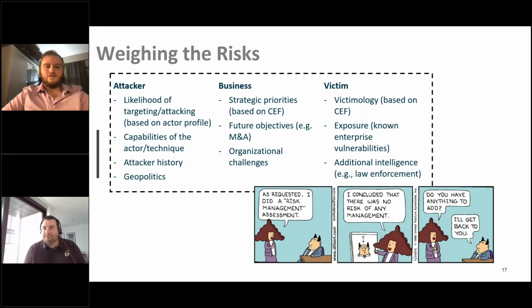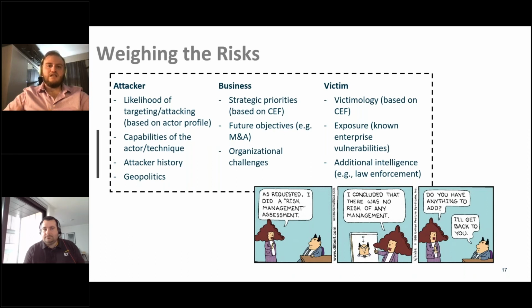Thank you, Bence. So when we take a look from the attacker perspective when weighing risk, we look at the likelihood of a targeting or attack based on the actor or attacker profile. This is a qualitative assessment that an intel analyst would do. It provides some insights to the business to know whether this is a realistic threat or something that is really just theoretical. We also look at the capabilities of the attacker.